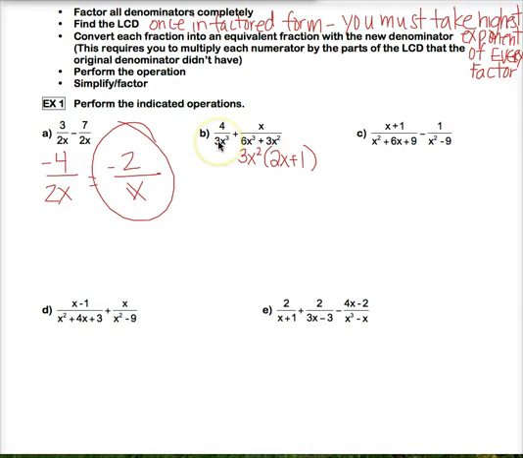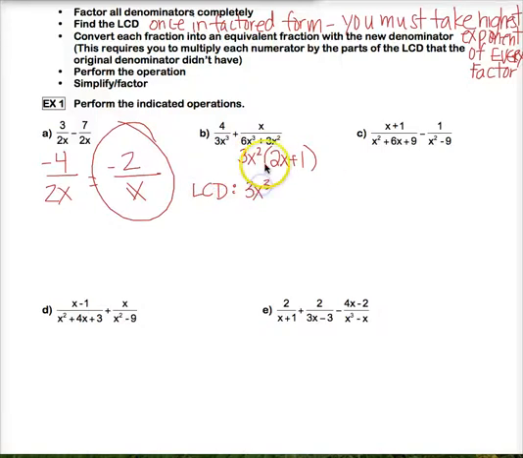So over here, I see a 3 and I see x's. So I have to take the 3 and I also have to take x's. Over here I have x cubed, over here I have x squared. So you have to take the highest one. So since x cubed is higher than x squared, I'm going to take both the 3 and the x cubed, because it's the higher exponent, as part of my LCD.